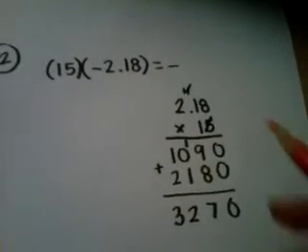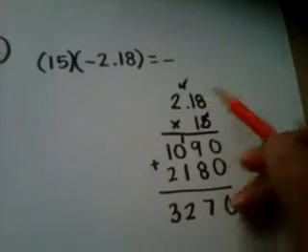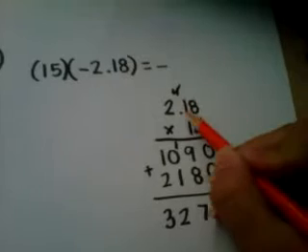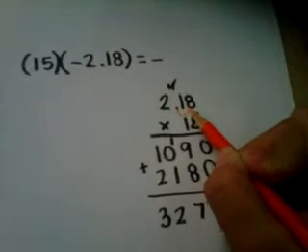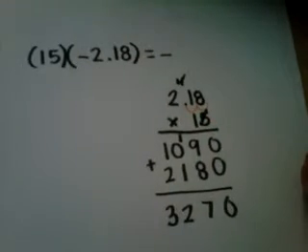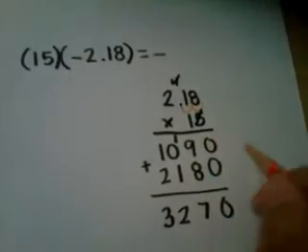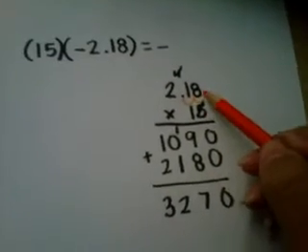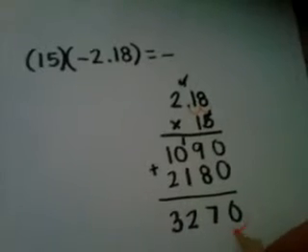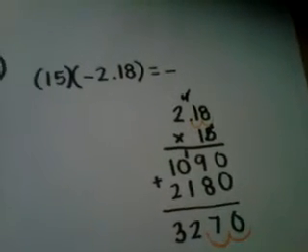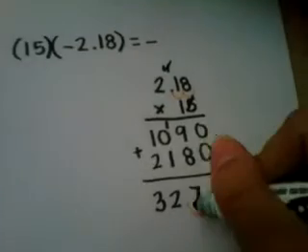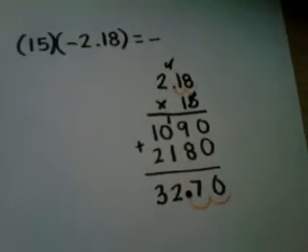Another thing that makes this problem different is that in my first factor, I have 2 decimal places, and in my second factor, I have no decimal places. That means I'm only going to have to move this twice, because I have hundredths times ones, which still gives me hundredths. So I'm going to move the decimal, so now it gives me a number to the hundredths place.